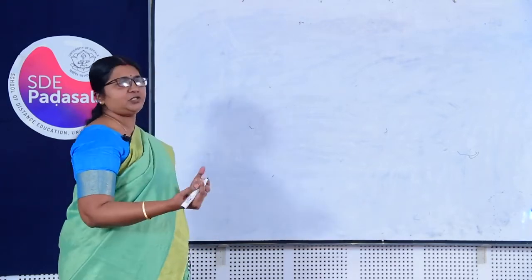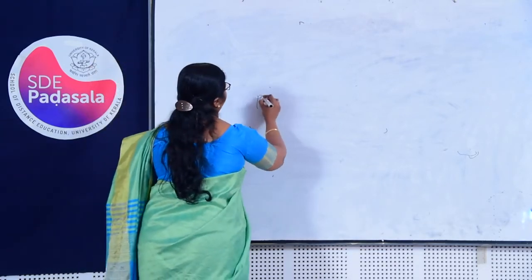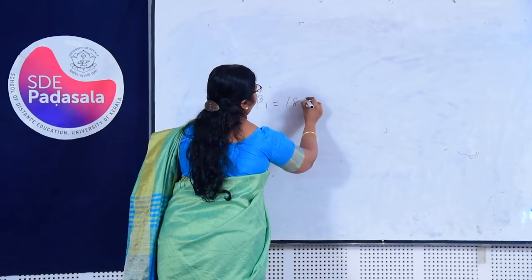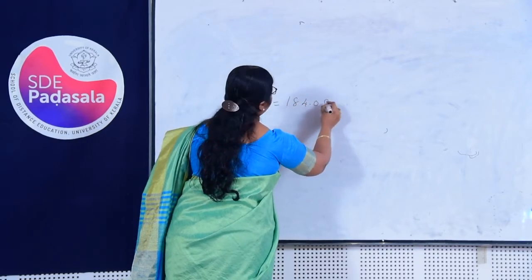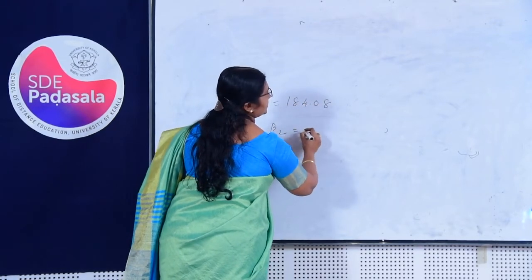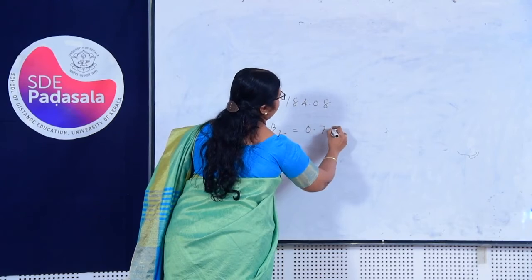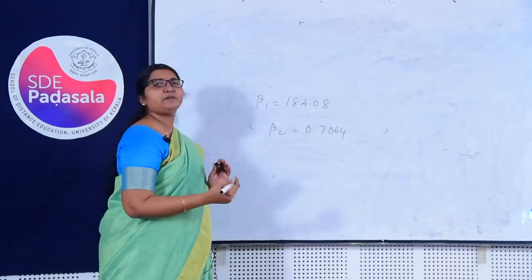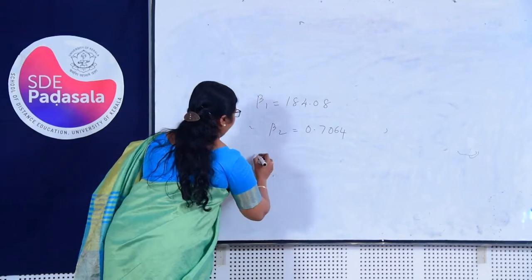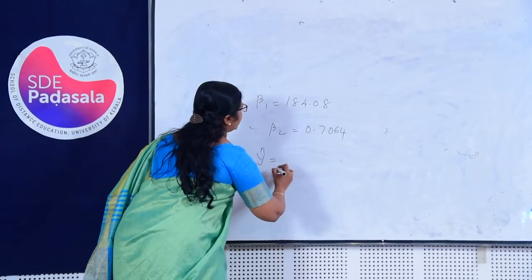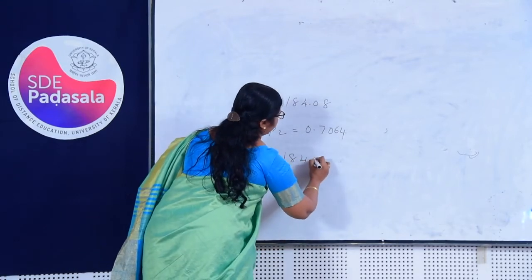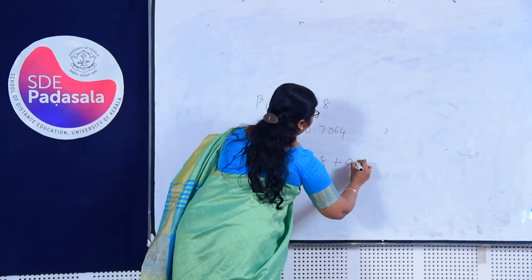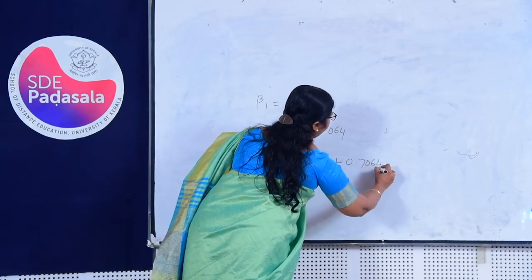Let us assume that beta 1 is equal to 184.08 and beta 2 is equal to 0.7064. So, we can write the estimated consumption function as y hat is equal to 184.08 plus 0.7064 x.